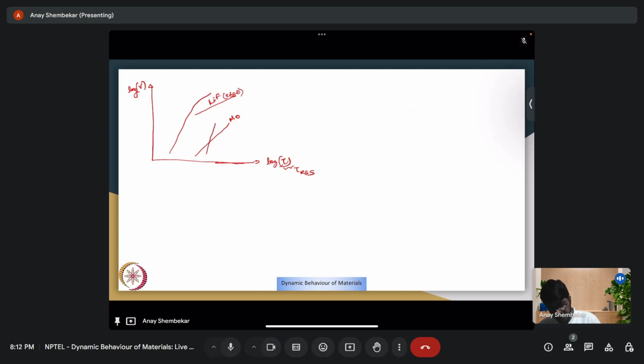Similarly, a different path for lithium fluoride for a screw dislocation.